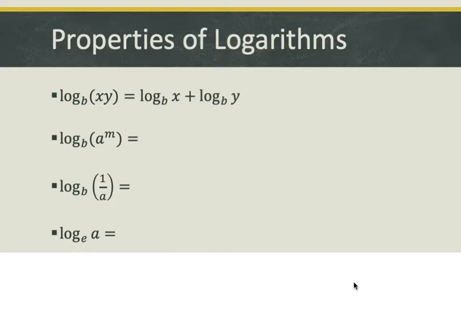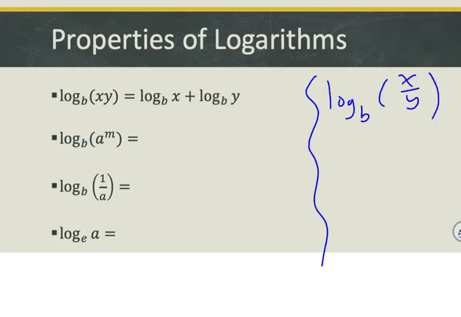Now, typically I don't cover that and the division one separately because they're the same thing. Combining the first one with the second one, you can get the subtraction rule, right? You may have learned it separately, like log base b of x over y as log base b of x minus log base b of y, right?